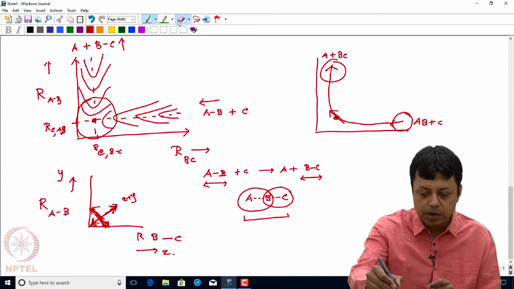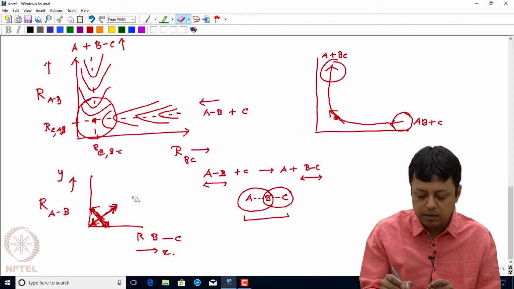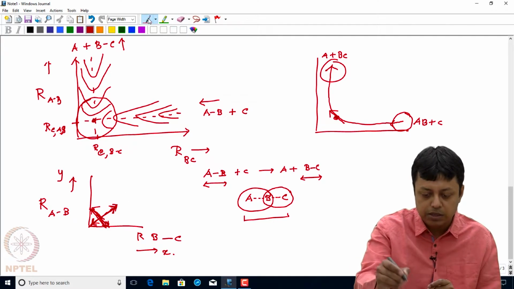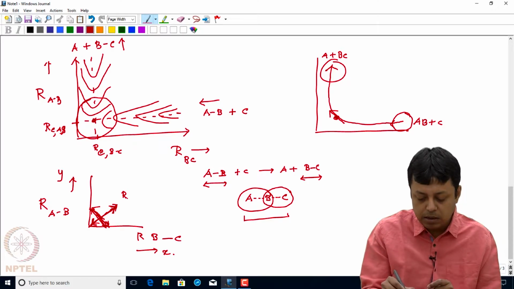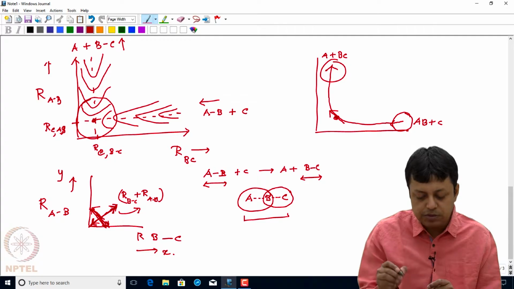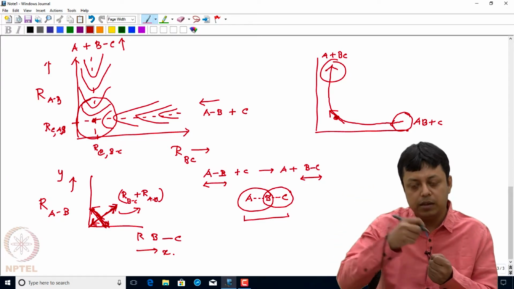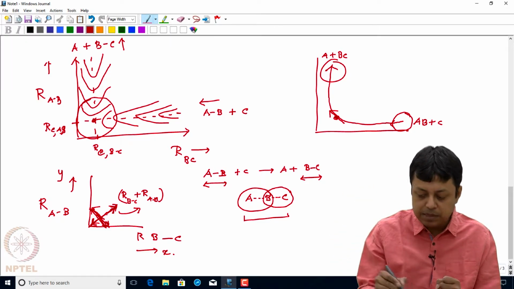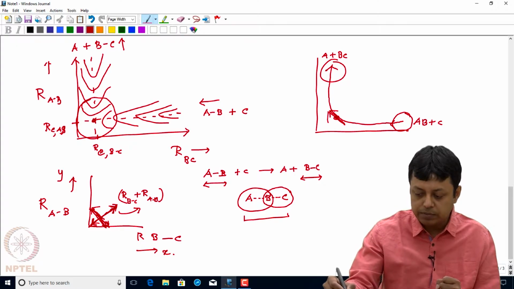Instead of X plus Y, in our original notation we can write R BC plus R AB, which is the symmetric stretch. So it is moving like this, but the reaction happens, as we saw, along this direction.